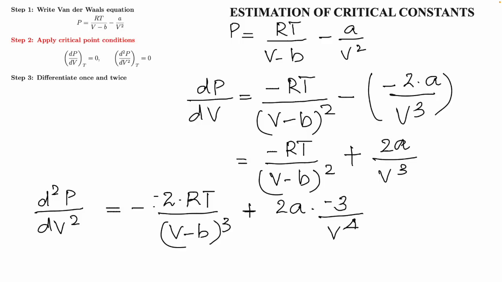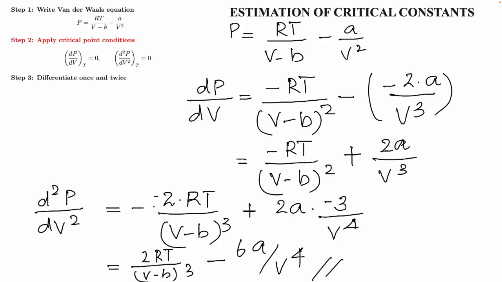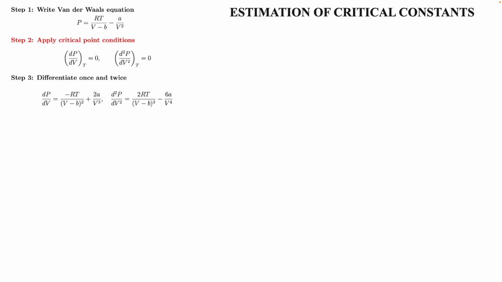The final expression is 2RT divided by (V minus b) the whole cube, minus 2 threes are 6a by V raised to 4. So we get dP by dV and d square P by dV square. These are the expressions that we have just derived.